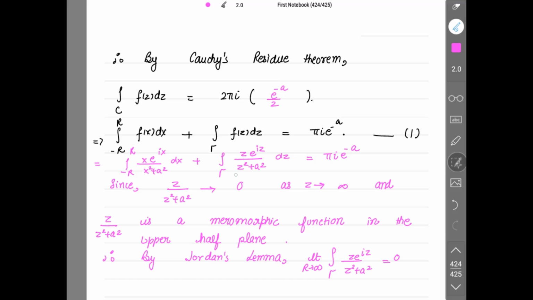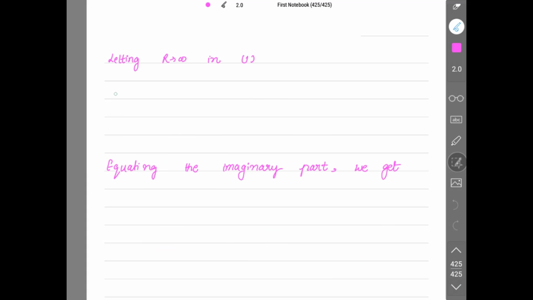Now the second integral is 0. So I have to take r tends to infinity in equation 1. Letting r tends to infinity in 1, we get the integral from negative infinity to positive infinity of x e to the power iota x over x square plus a square dx equal to pi iota e to the power minus a.